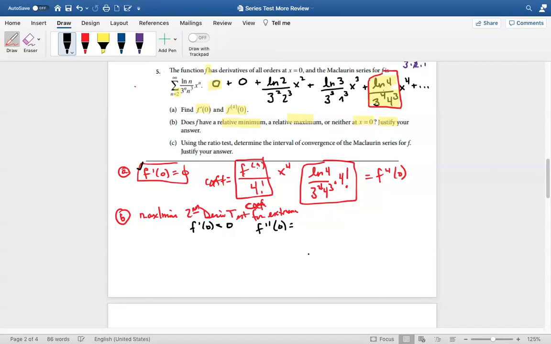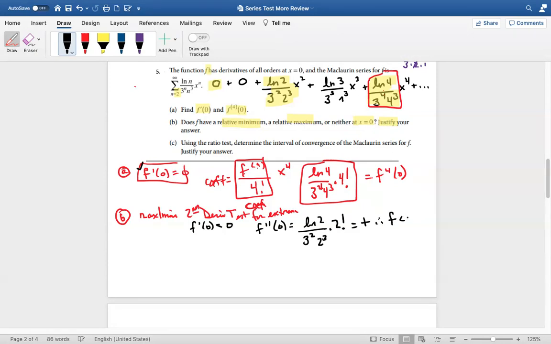Well, where's the second derivative? The second derivative, remember, we've been through this before. That's not the second derivative. What's the second derivative? It is the coefficient of x squared times 2 factorial. But can you tell that that is positive? I don't actually care its number. It's positive.